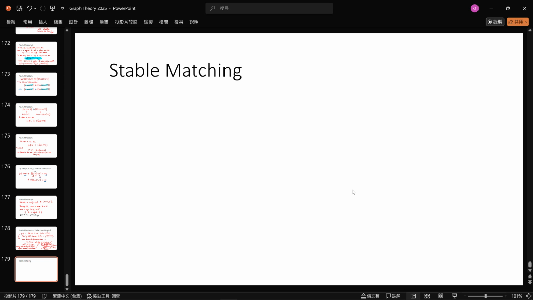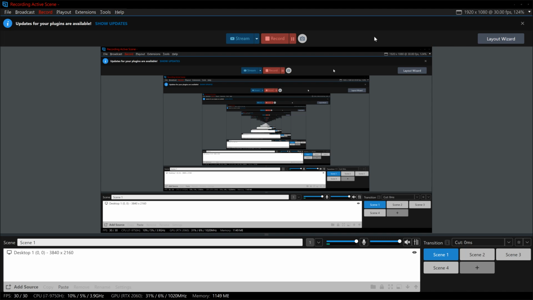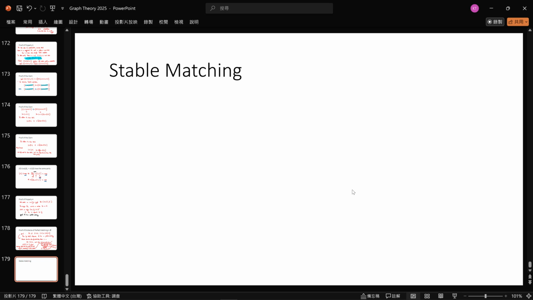So in order to find a good matching, you are given some information. So the information is that for every client, he or she will provide a preference list. Okay? So you're going to use these preference lists to match your clients.